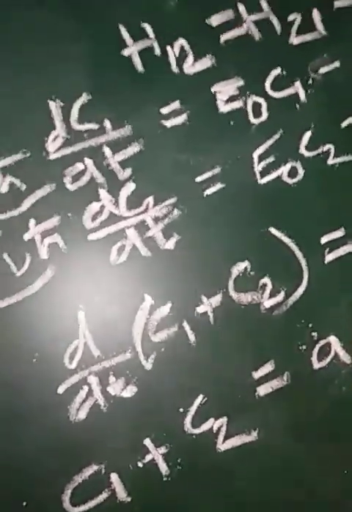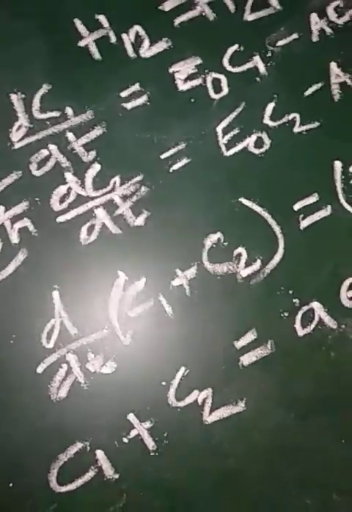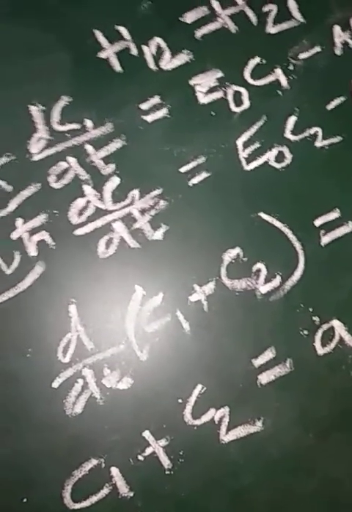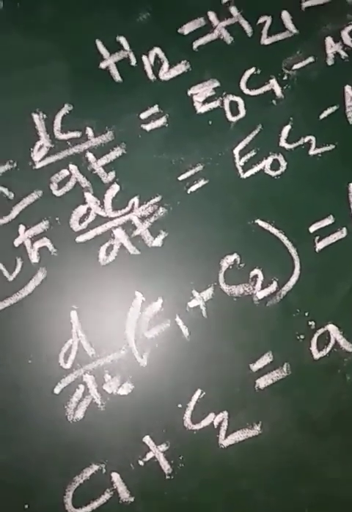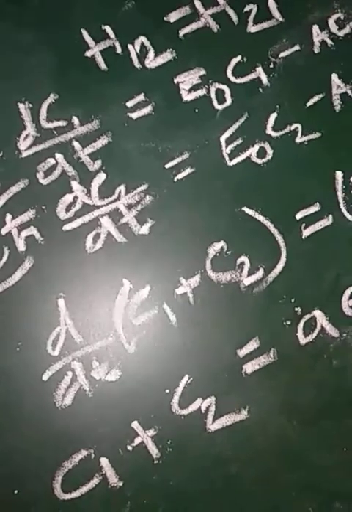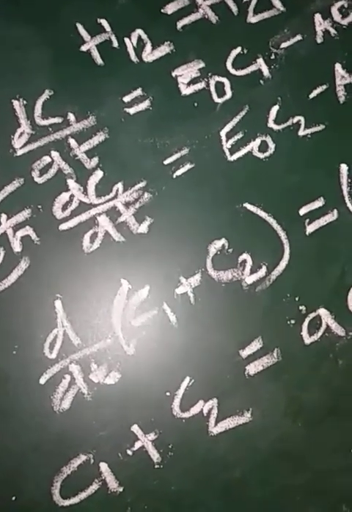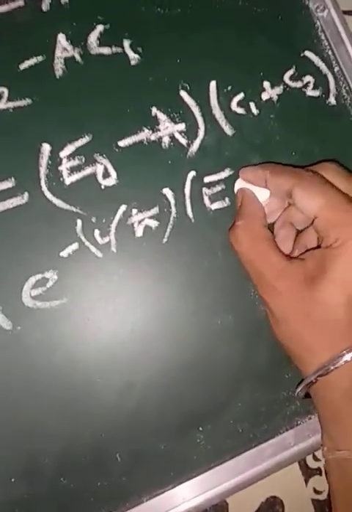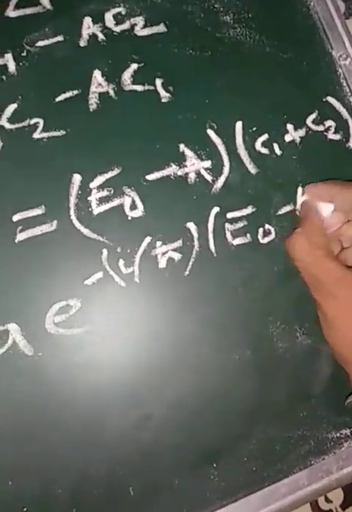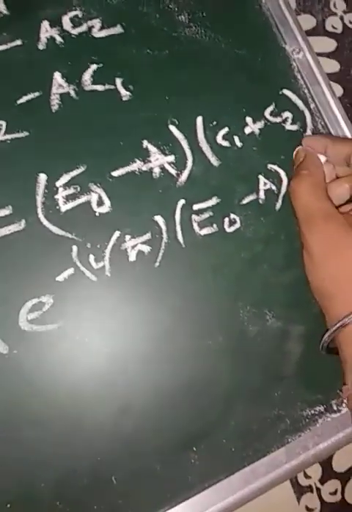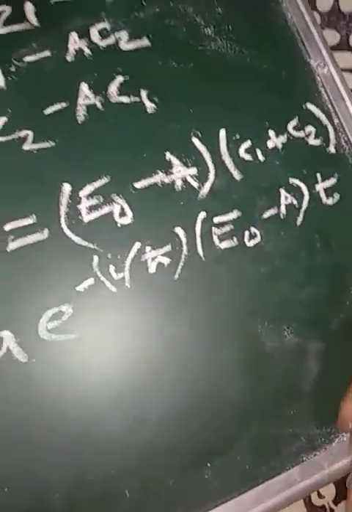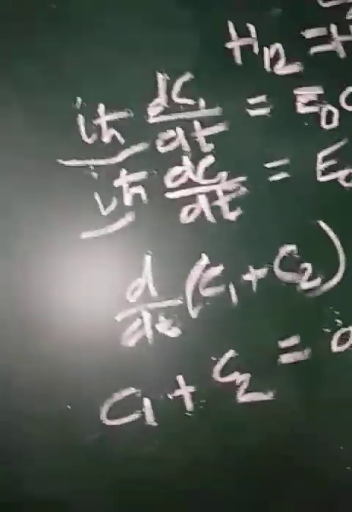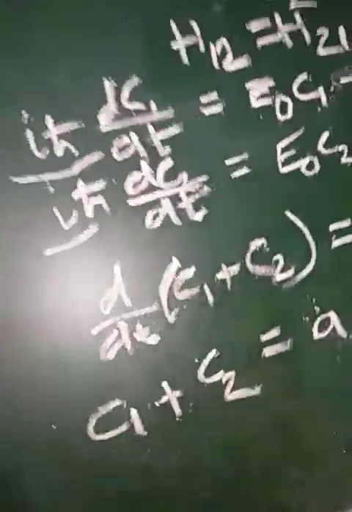So it comes likewise, A into e to the power minus i by h cut into (E naught minus A) into time. See, t comes over here, so it is an exponential in t.